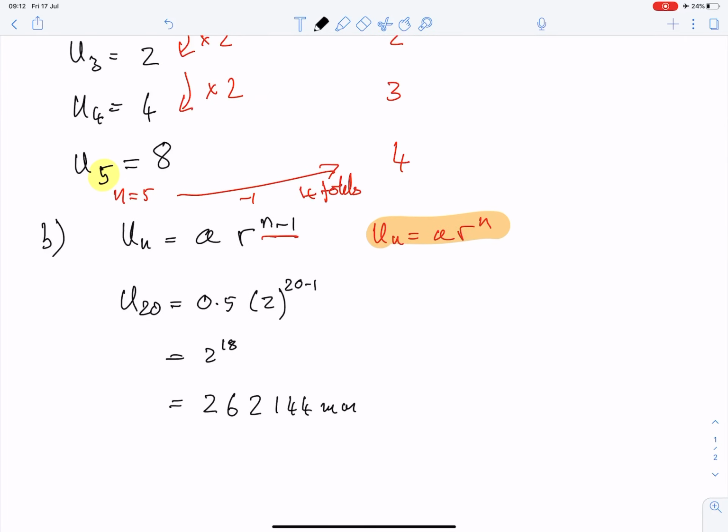So when I get to U20, I will have only done 19 folds, haven't I? So I actually need, sorry, my mistake, U21 in there and 21 there minus 1, because I need to have got to position 21 to have done 20 folds.